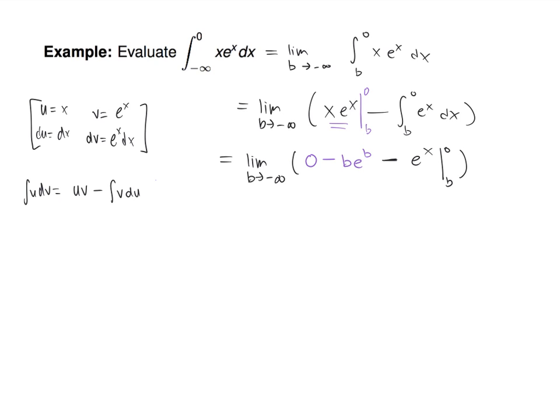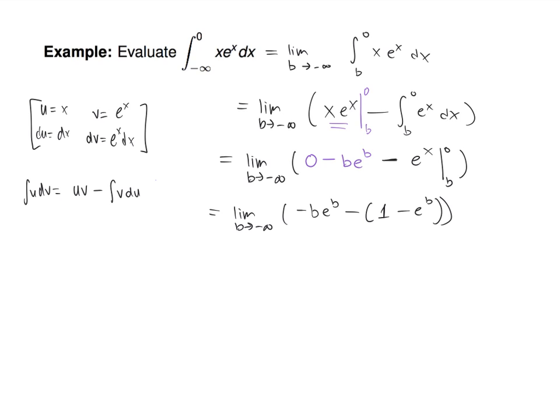Is everyone okay with what happened there? You have to be quite careful with the second term because you're going to have a distribution of a negative, okay? Just be very, very careful. So limit b goes to negative infinity, sorry. Negative b e to the b minus parenthesis e to the 0, which is 1, minus e to the b.